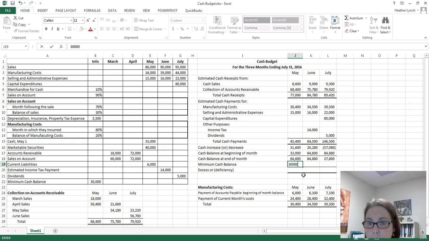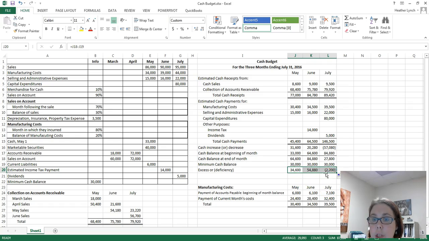So we have 30,000 that we need to maintain. Okay, so then the difference between those is our excess or deficiency. Yes, you see that in July, this is correct. We have a deficiency of $2,200.